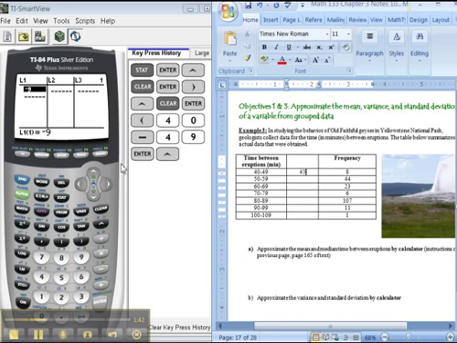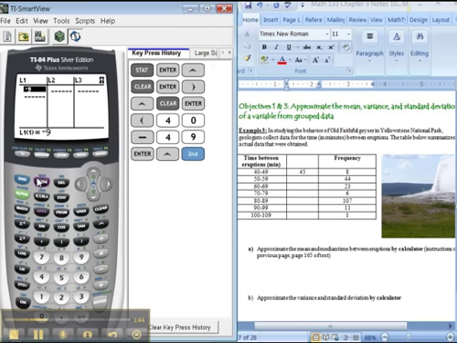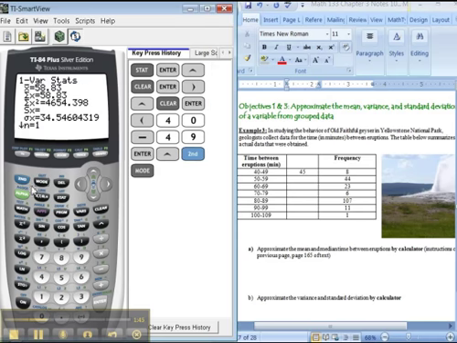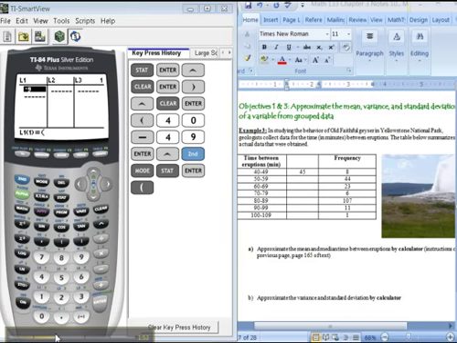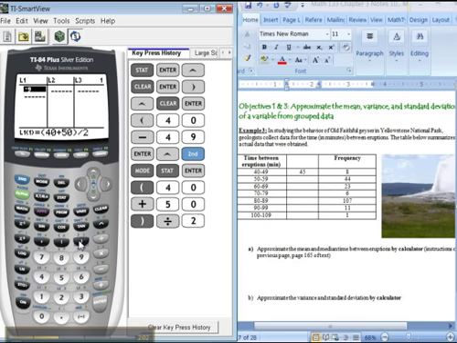I mean, if you don't believe me, here, quit. Oh, wait, stat, edit, hold on, I can do it in there. Parentheses, 40 plus 50, close parentheses, divided by 2, enter, 45, see?